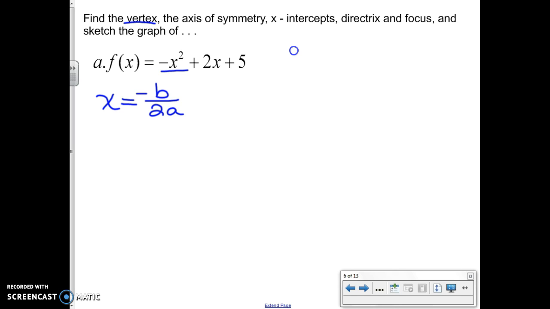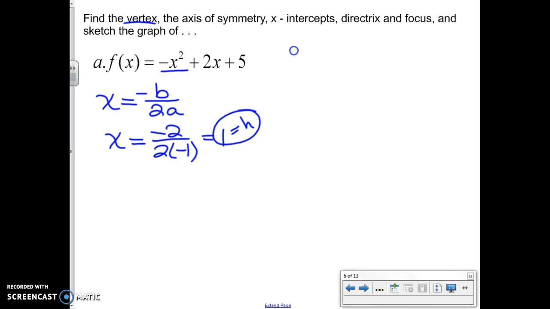And so since b, being the second coefficient here in front, is 2, we're going to go x is the opposite of 2 over 2 times -1, being our a coefficient. So we end up with 1. So x is 1. Now that is h when we put this into regular standard form. That is the x coordinate of our vertex. Well, you may recall a vertex needs an x and a y.